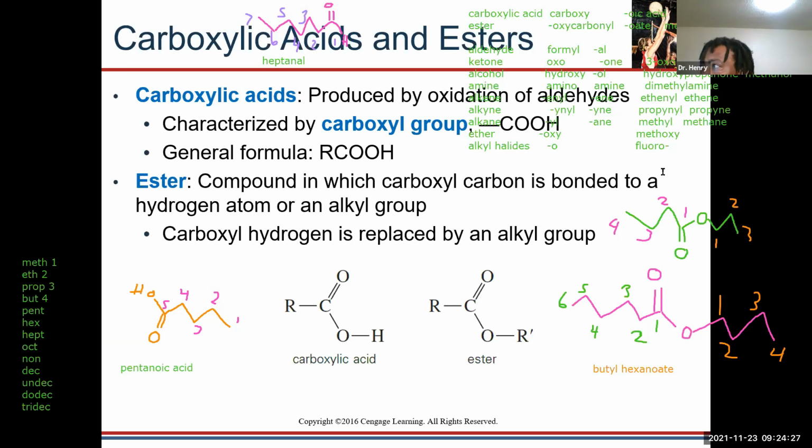Okay, so this guy would be called, so a 3-carbon chain, that's right, propyl. Butanoate. Okay, piece of cake so far? Okay, so let's go on.